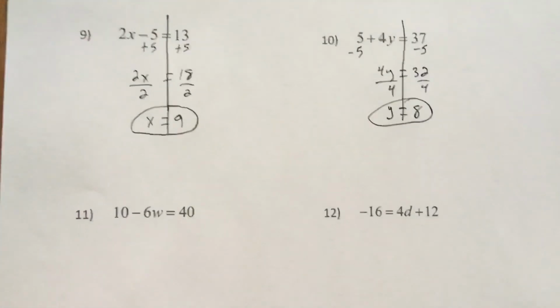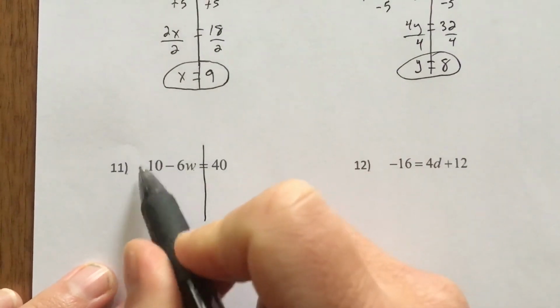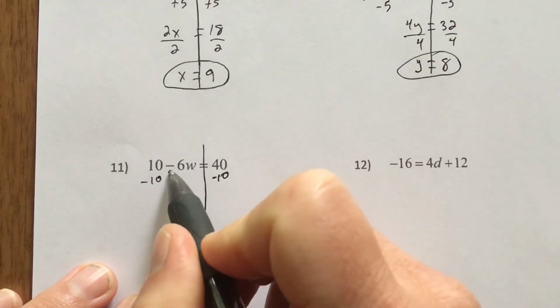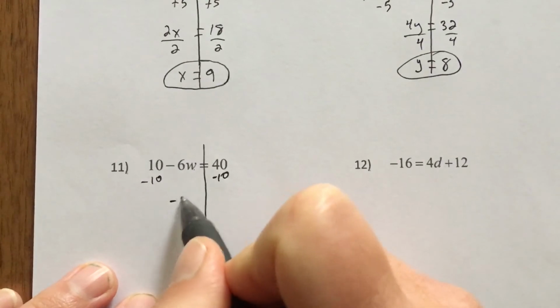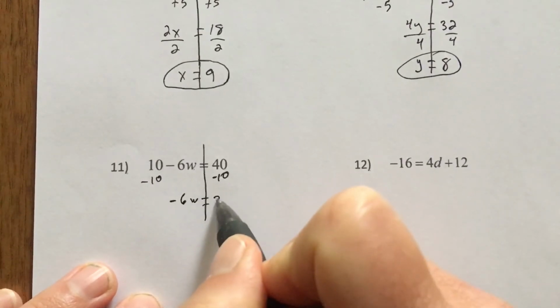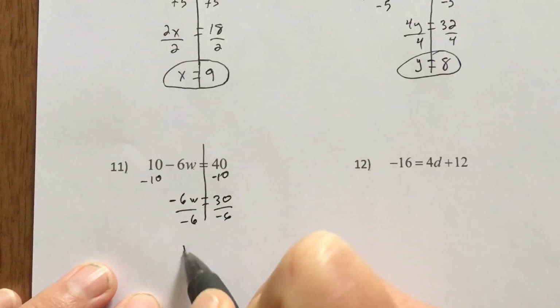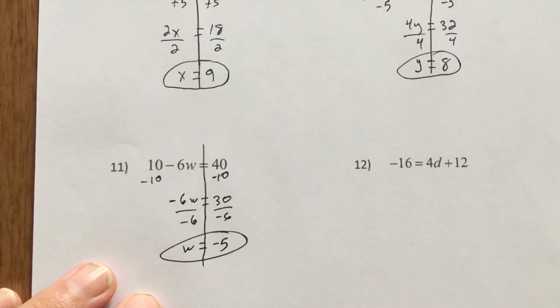All right. On this one here, again, furthest away from the w is this 10, so let's subtract 10. This negative here goes with the 6. Whatever it's in front of, that's what it belongs to. So this will be a negative 6w equals 30. And then we're going to divide by negative 6 and get w equal to negative 5.